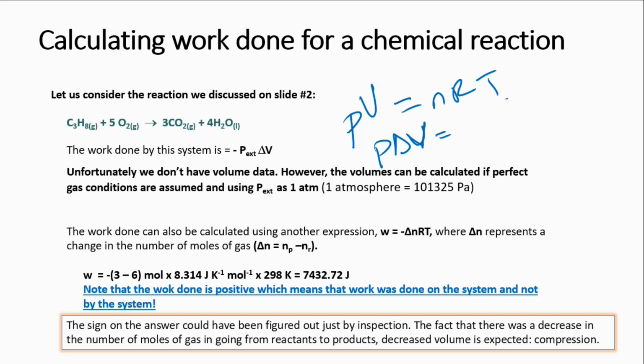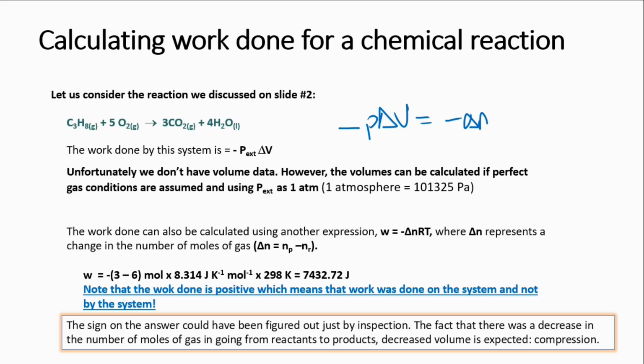If the temperature is fixed and R is fixed, then it could be delta n RT. If we're looking at work done, then we need to put a minus sign. So minus P delta V is also equal to minus delta n RT. Instead of using this part, we could actually use that.